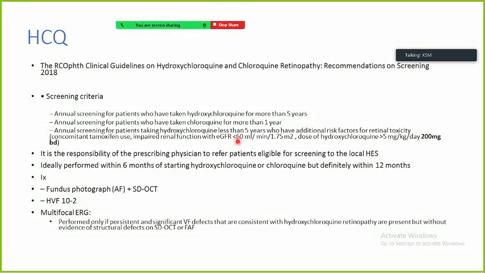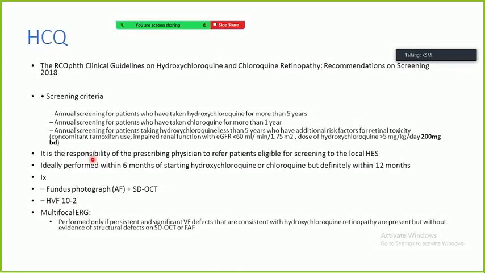Generally, annual screening. If you are on a 200 milligram daily dose, and you don't have renal problems, and you are not on tamoxifen, ideally you can see them after 5 years. But if it's more than a 200 milligram BD dose, then you have to see them annually.